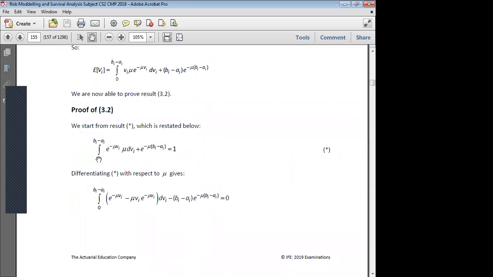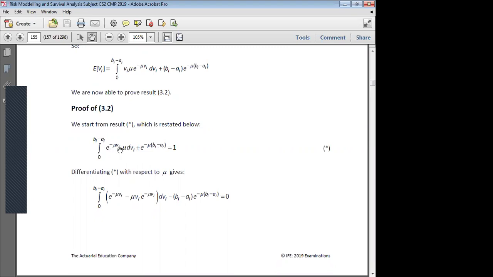So if you differentiate this guy, you see that there is some integral which takes values 0 and bi minus ai. Thankfully for us, these limits do not depend on mu, so our life is easier. What you will do is just differentiate this integrand that's in here. You will use the chain rule again, and you will have e raised to minus mu vi, differentiation of mu, which is 1 here.